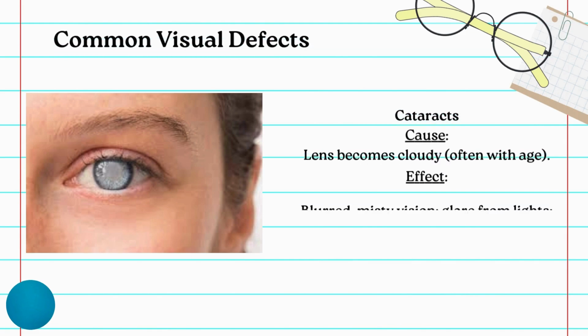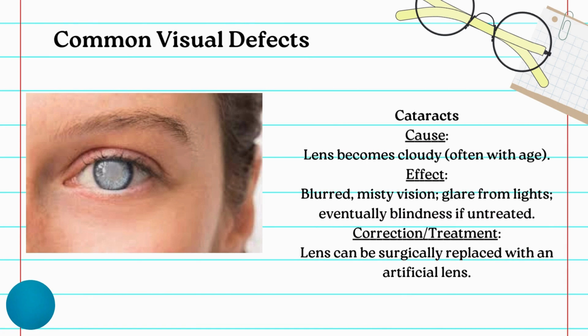Another common visual defect is cataracts. That's when there's some sort of cloudy stuff on your lens, or your pupil looks cloudy, and you see this mostly with senior citizens.